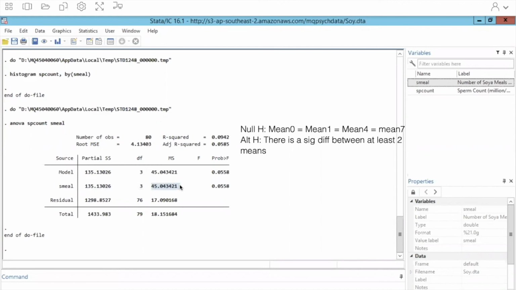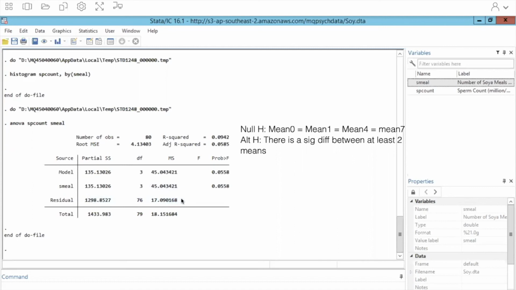Okay? Remember that the mean square is variability explained by our manipulation. Right? And you also want to get the mean square for the residuals. And that's simply sum of squares residual divided by degrees of freedom residual. Right? Now, finally, to calculate the F statistic, you simply divide mean square by mean square error.